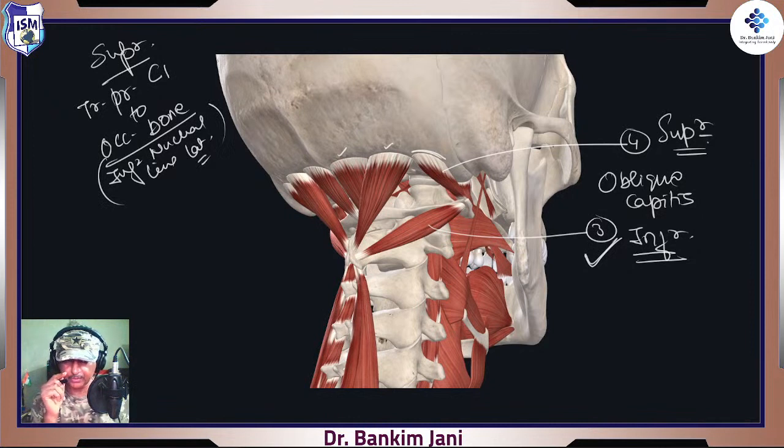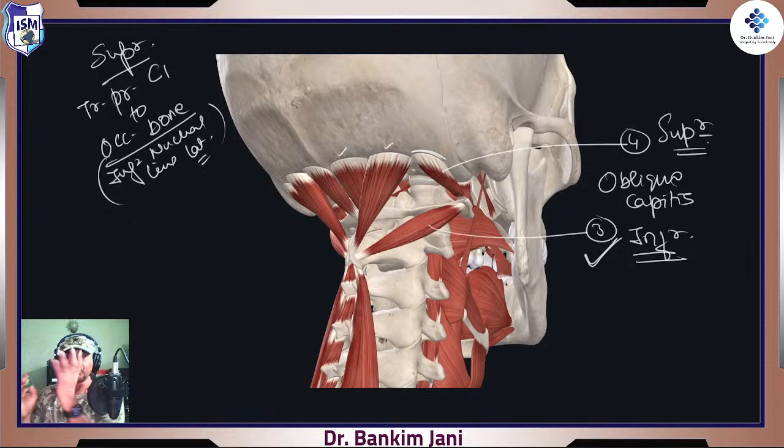So now thinking, what can it really do? C1 is fixed. And why C1 has to be fixed? We'll come to that. Now, this superior one, say this is C1. C1 is fixed because the entire spine is fixed. Only the head is to be moved. So keeping this as a base, when it contracts, it will tilt the head on one side, right?